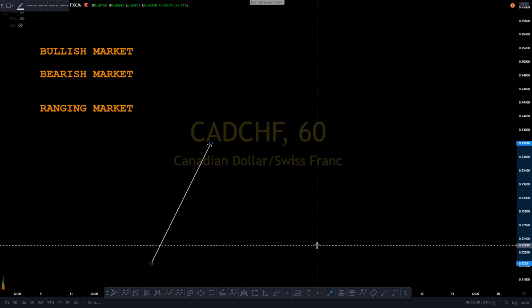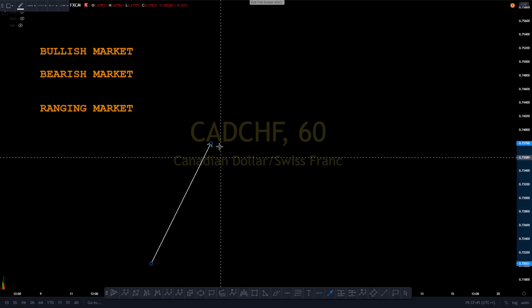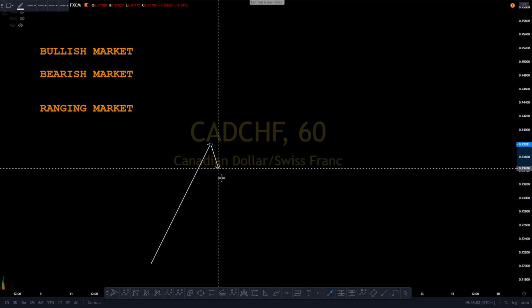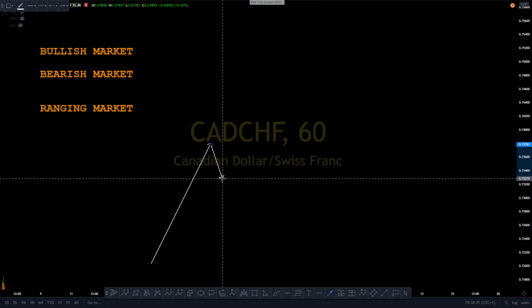So as a trader, you don't just jump into the market because the market is going up. What you do is wait for a correction to happen, which is the consolidation market or the ranging market. The ranging market comes in different forms.